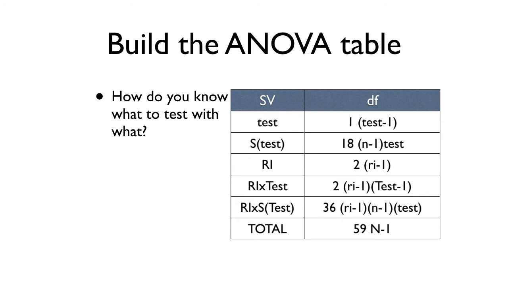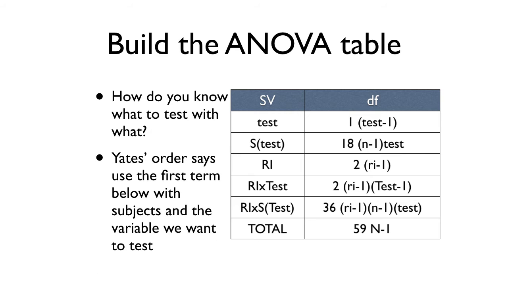And then you list all your between subjects variables, then you talk about subjects. In this case, we have subjects within test. And then you do your within subjects variables, retention interval. And then you cross it: retention interval by test, retention interval by subjects within test, done.